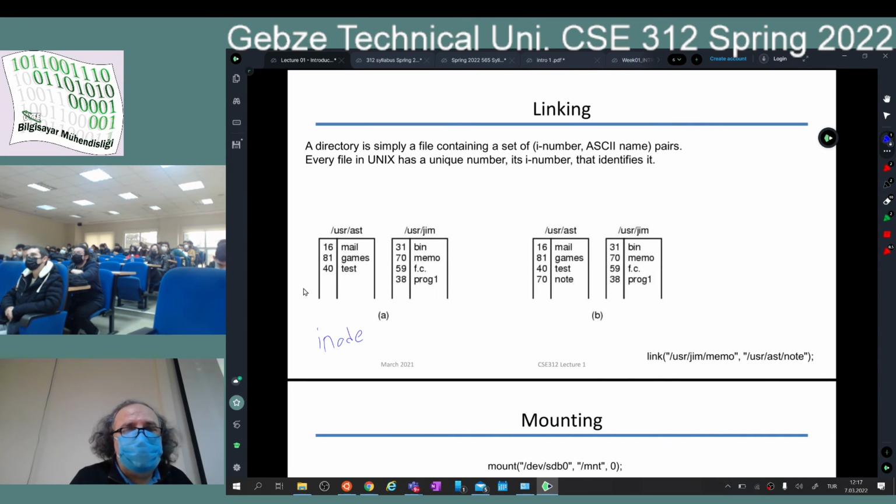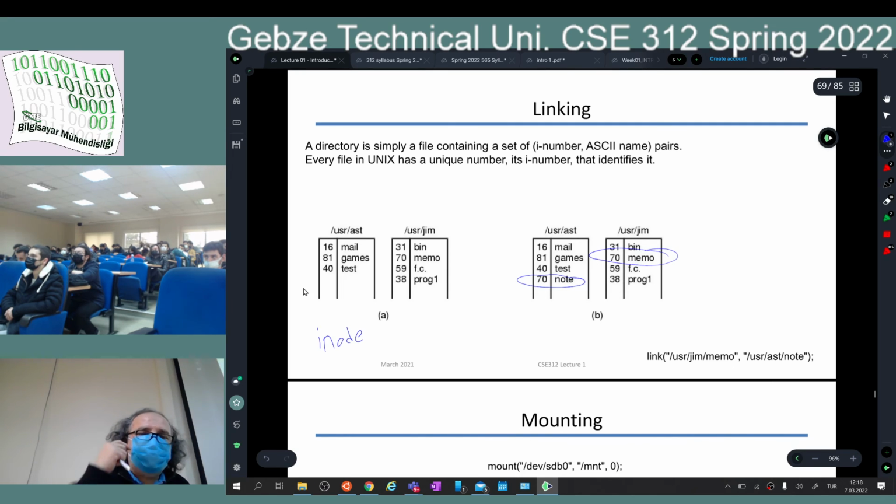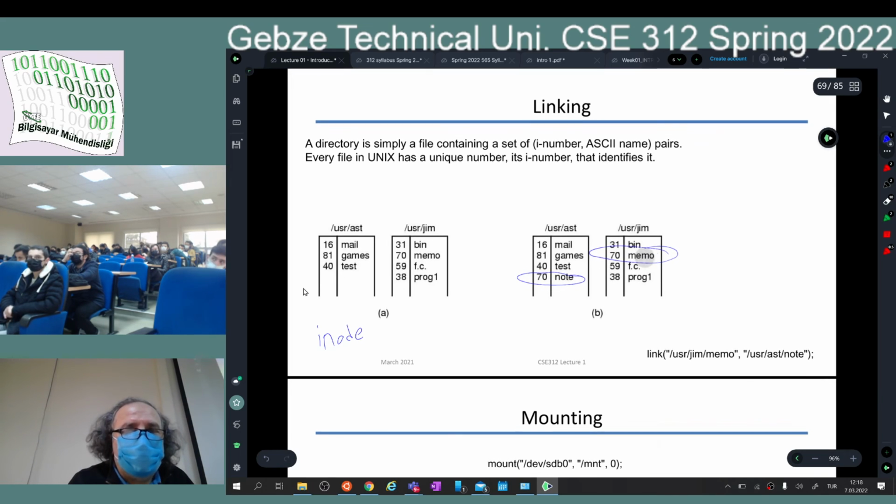Games is this, and if I define a link between these two directories, for example, if I say that this node here is the same as this memo, but only its name is different. When you open this node, you are actually opening memo.